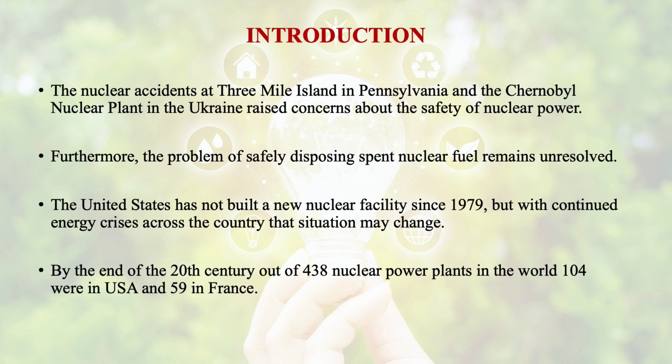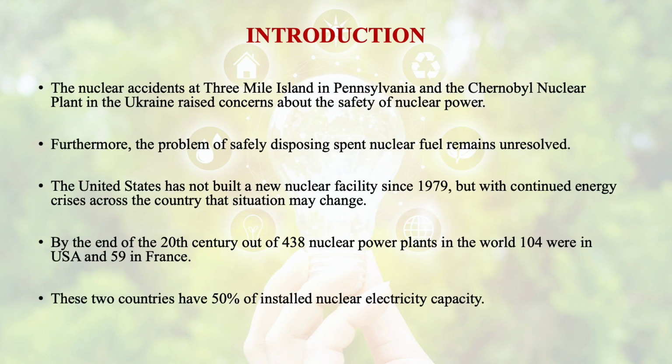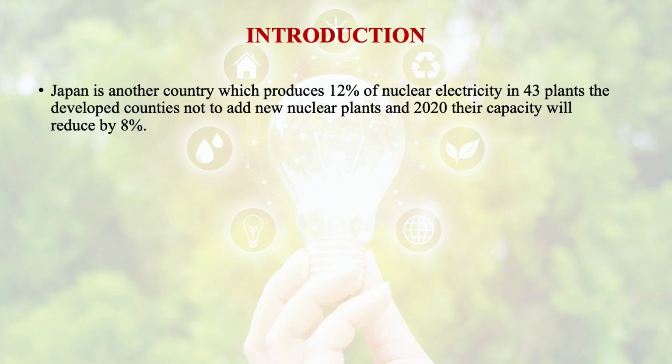By the end of the 20th century, out of 438 nuclear plants worldwide, 104 were in the USA and 59 in France. These two countries have installed 50% of nuclear electricity capacity. Japan is another country which produces about 12% of nuclear electricity in 43 plants developed in the country.